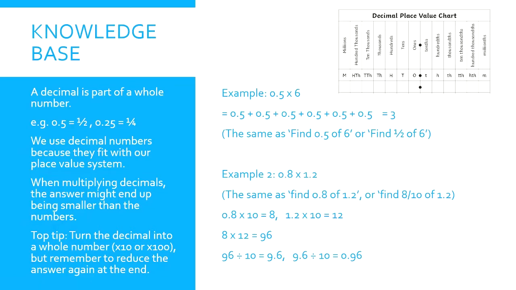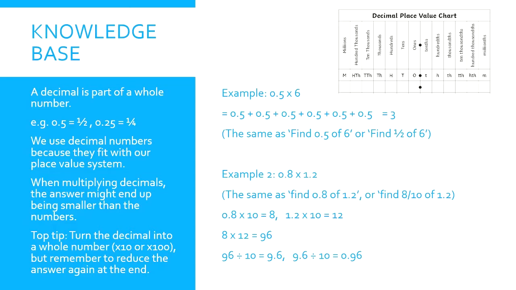If I have 0.25 as a decimal, what I mean is that out of my one whole number, I've split that up into tenths and hundredths, and out of those, I have 2 tenths and I have 5 hundredths. We might express these as fractions by saying 5 tenths or 25 hundredths, or indeed 1/2 and 1/4 if we simplify those down.